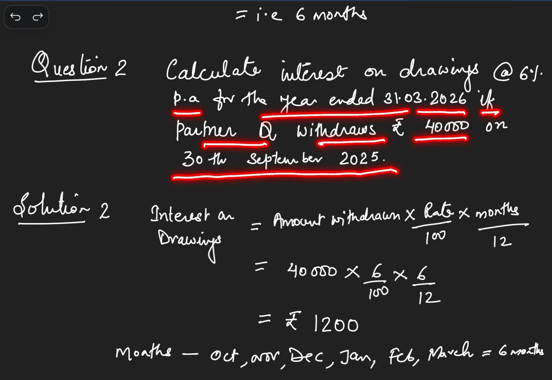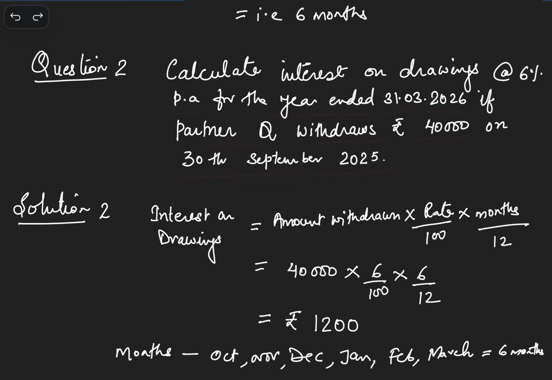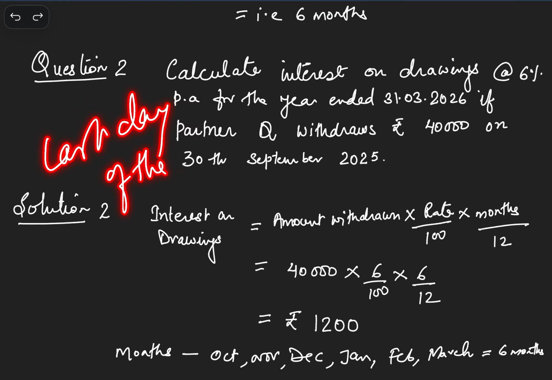This question is specifically being taken to understand the importance of the date of the month when it is withdrawn. So when the amount is withdrawn on the last day of the month, then that month should not be counted for the calculation of the time period, right?